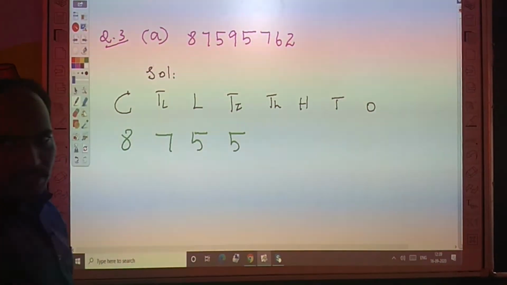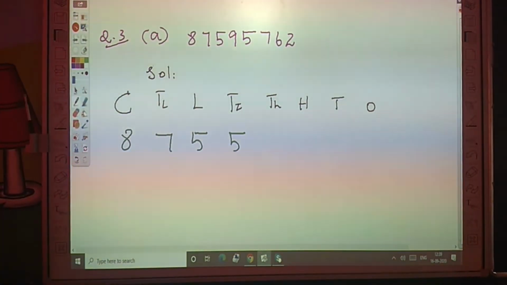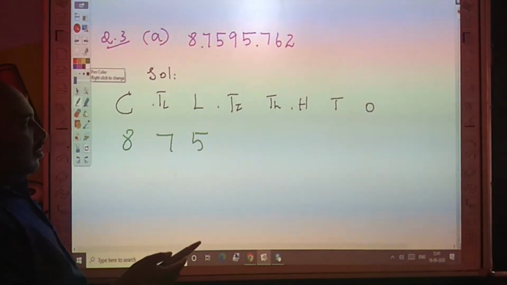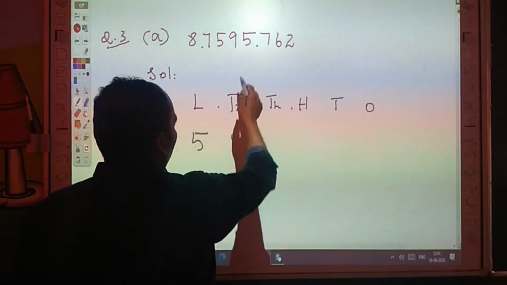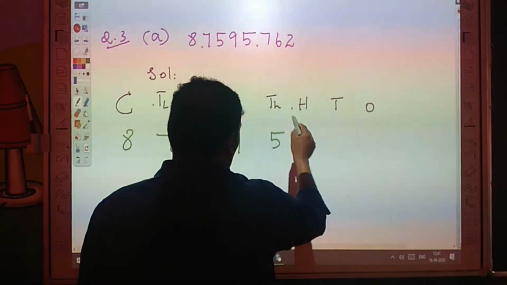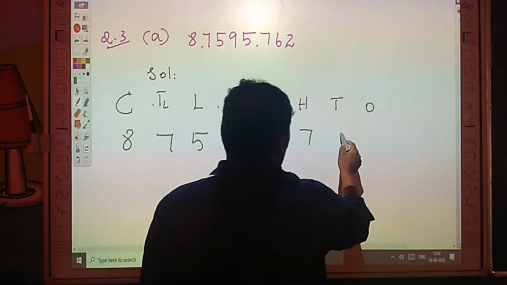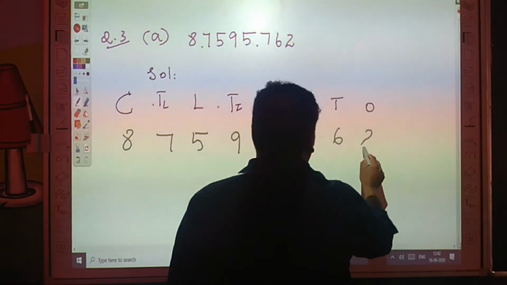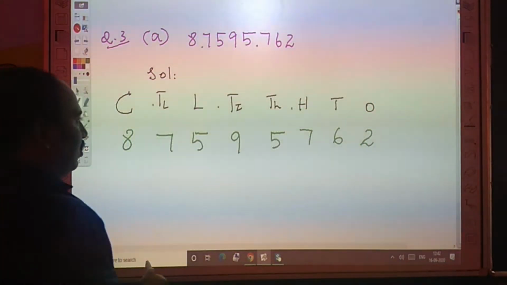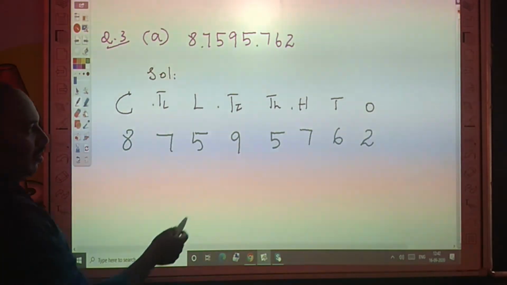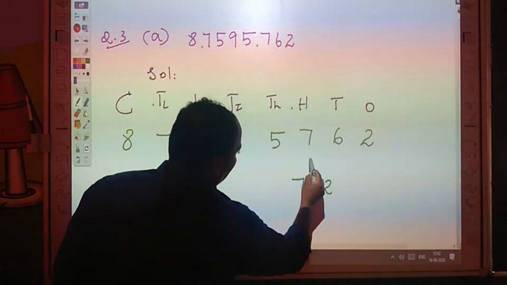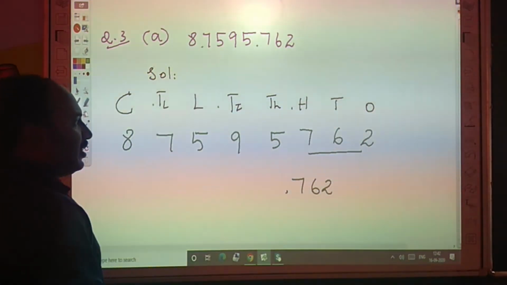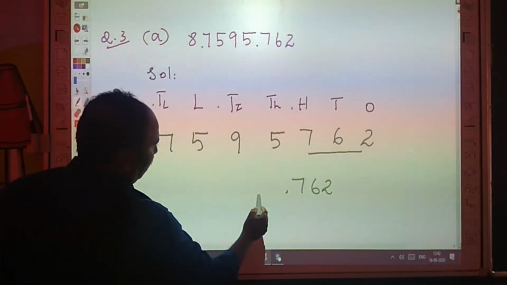5,000. Next one, 10,000 place 9, 1,000 place 5, hundreds place 7, tens place 6, ones place 2. Now we put the commas at suitable places. First the hundreds place, 762, and the next the 1,000 place and 10,000 place.